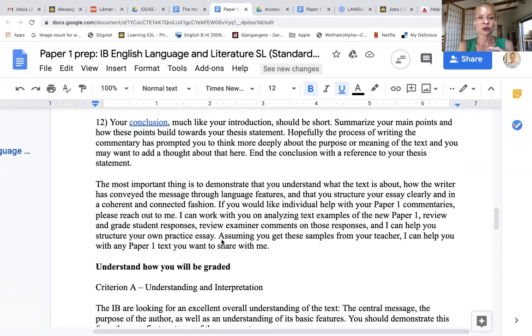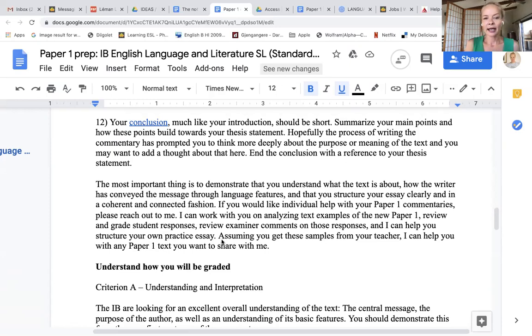So in your conclusion, much like your introduction, it should be short. And basically you have to summarize the main points and how these build towards your thesis statement. So here, you kind of reference your thesis statement again and show how the message has been conveyed or how the meaning has been conveyed. But it's also good to add one more thing if you can, if you have time.